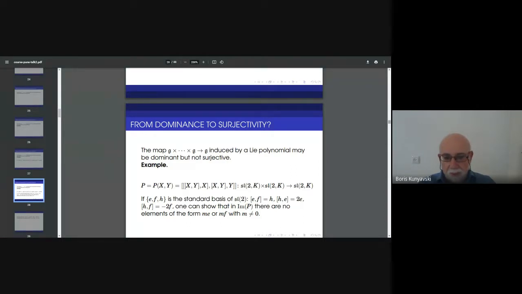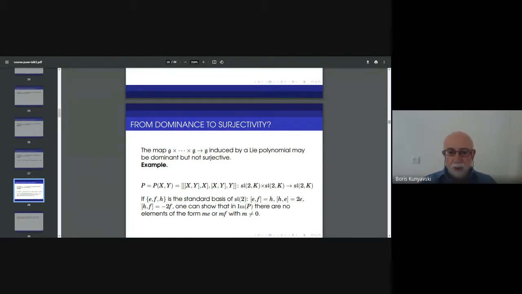First of all, the dominance follows from our theorem because it's not identically zero. Why is it not surjective? Here is a computation. We use the standard basis of sl2, E, F, and H. Physicists would call it the Dirac basis or Pauli basis.